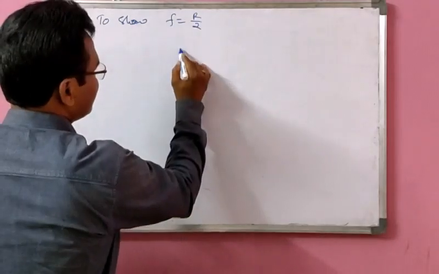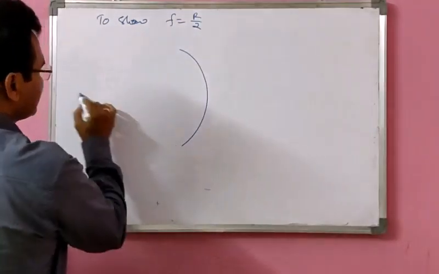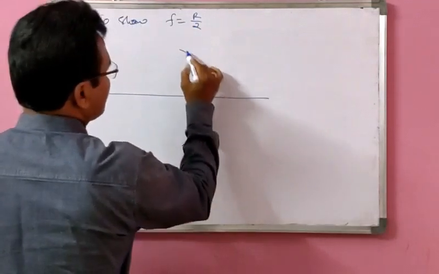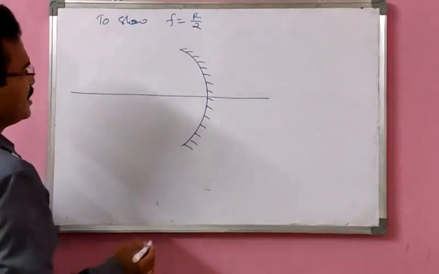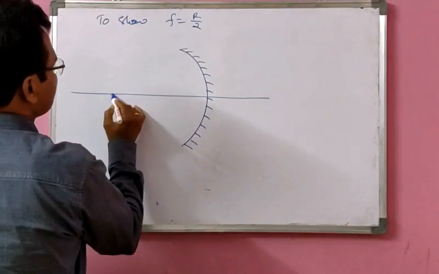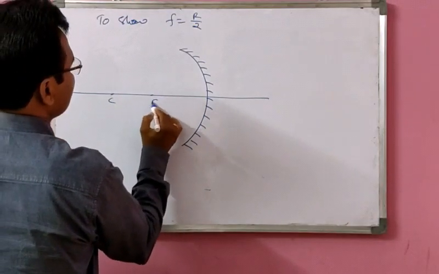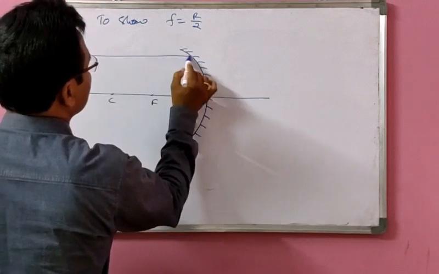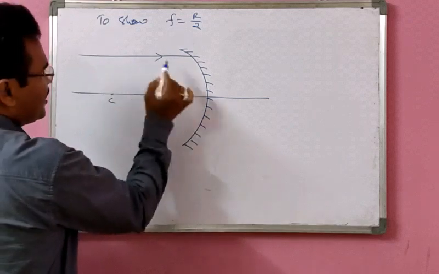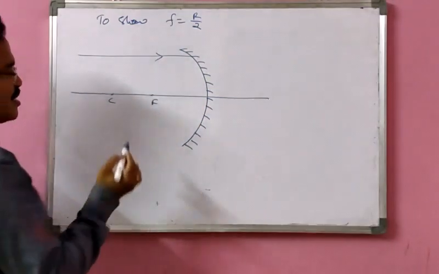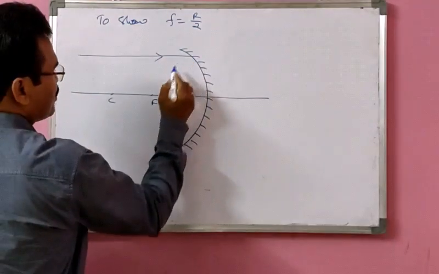So for that I'm taking one concave mirror of focal length f here, right? So this is C and this is F. A ray of light comes here. Any ray parallel to the principal axis always passes through the focus.